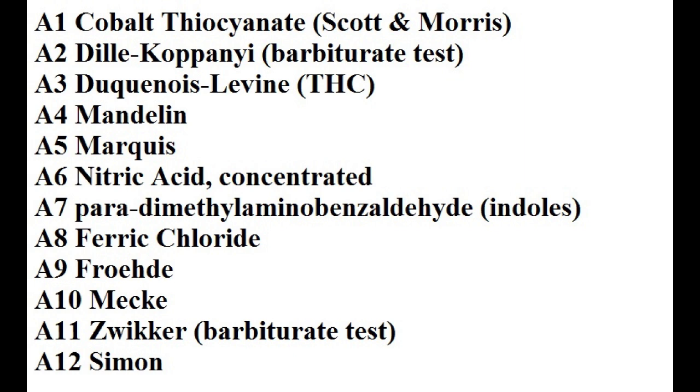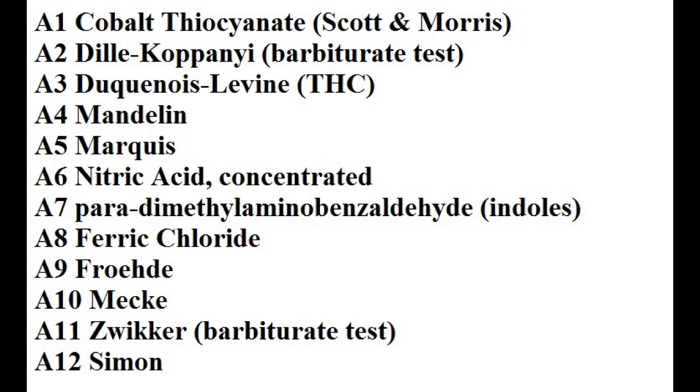We have cobalt thiocyanate test, which is the basis of the Scott and Morris tests. Then we have 2 names that I can't pronounce, so we will just call this DK reagent. Once again, we'll call this one DL, because I don't know how to say that guy's name either. It looks French. And then we have Mandelin, Marquis.